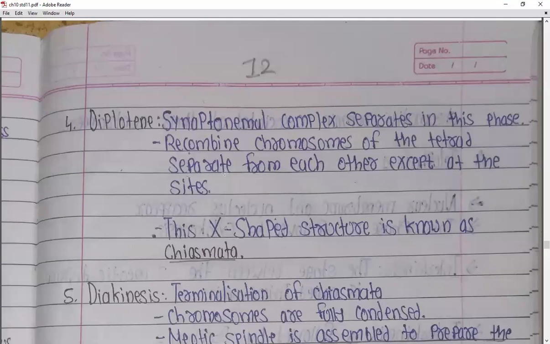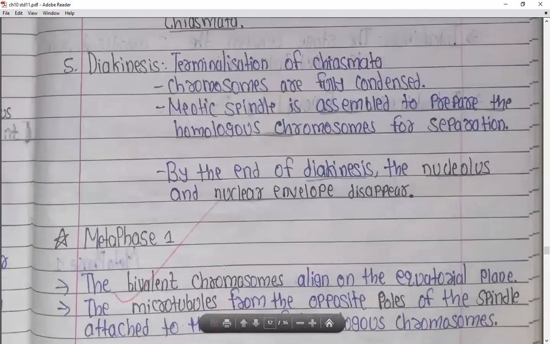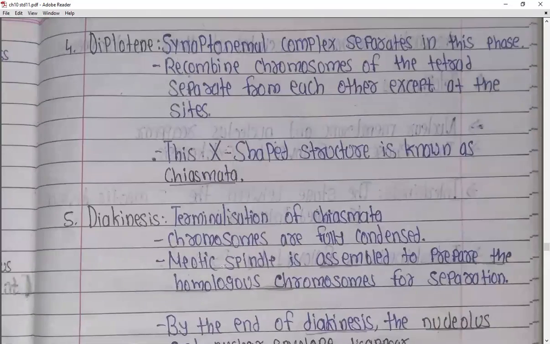Those sites form an egg-shaped structure, and that is known as chiasmata.